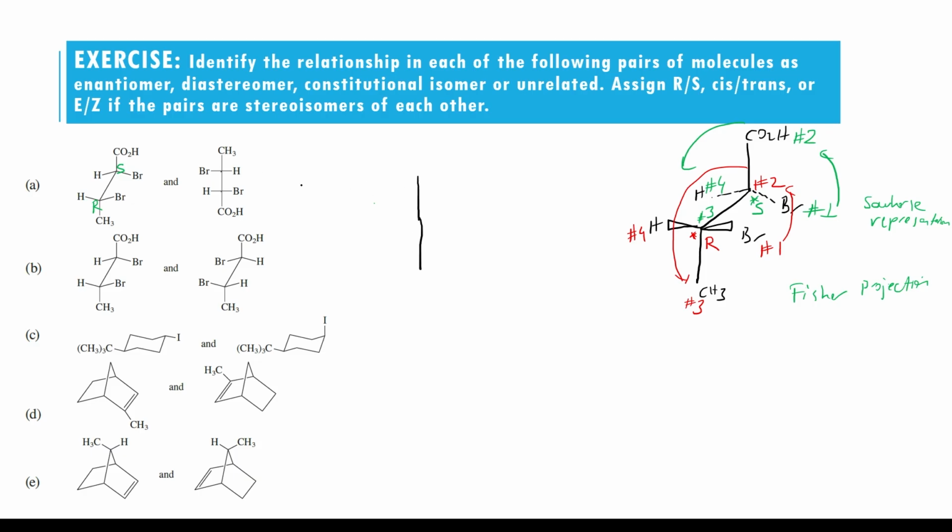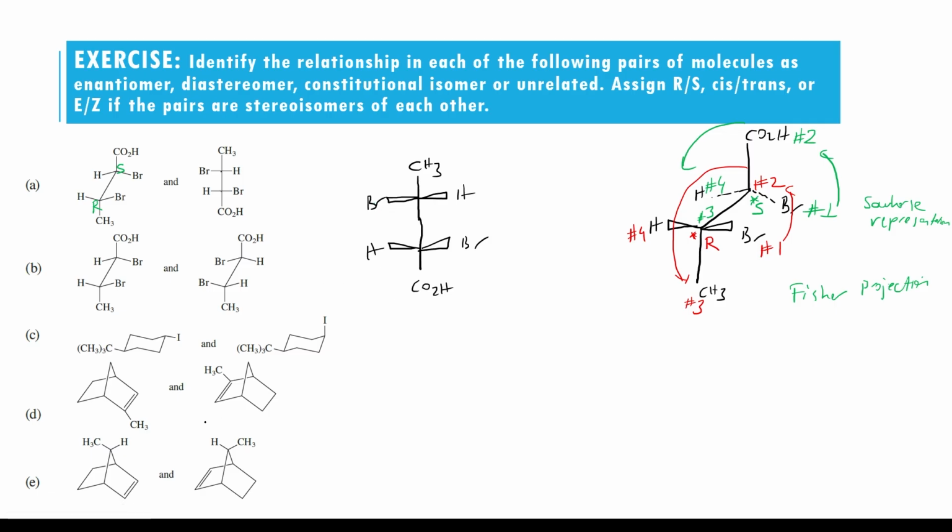Here, the bromine and hydrogen should be represented with wedge bonds. So bromine and hydrogen. Also for the bottom part, it should be the same. So this is hydrogen and bromine. The top one should be methyl and the bottom one should be carboxylic acid.